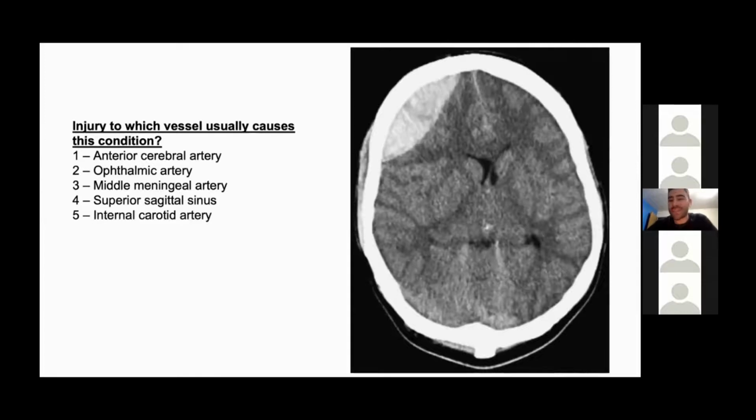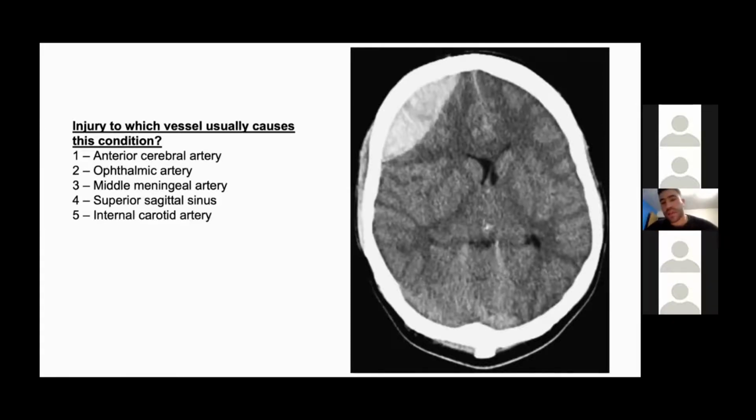So the middle meningeal artery, okay? The middle meningeal artery comes from the foramen spinosum down here, curves underneath between the skull, between the bone and the dura, and basically if you get a head injury on the lateral aspect of the head, fractures here can easily tear a branch of the middle meningeal artery.